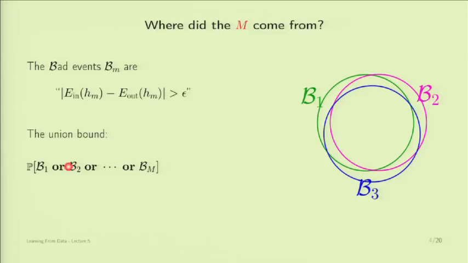Now, the point of the bound is that we would like to make that statement regardless of the correlations between the events. And therefore, we use the union bound, which bounds it by the total area of the first one plus the total area of the second one, etc., as if they were disjoint.